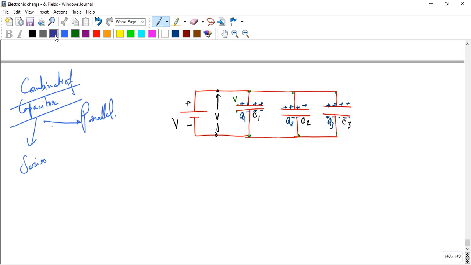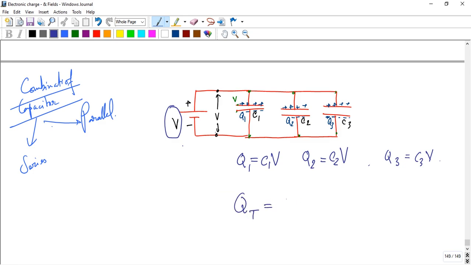So here Q1 is proportional to V, that is equal to C1 times V. Here Q2 is equal to C2 capacitance times V, because the potential is the same here, and Q3 is equal to C3 times V. Okay, so here the total charge of that three capacitor combination, Q total, is equal to the total capacitance.